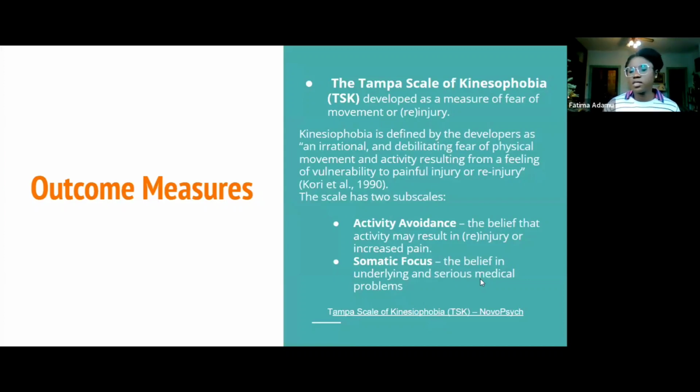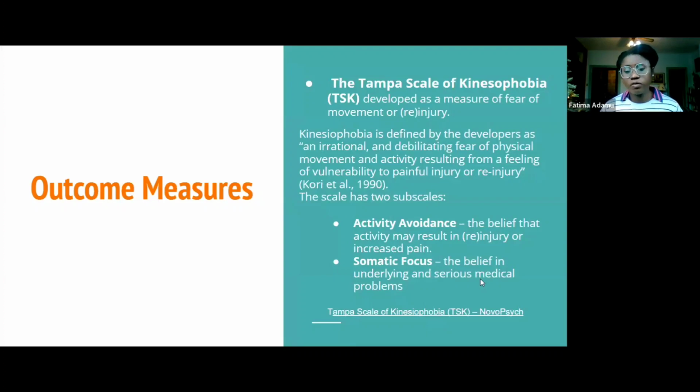And I was thinking in times of crisis, fear is a huge factor in our ability to function. So I think that this is a great outcome measure because it tries to measure the debilitating fear of physical movement and activity, because you're in a state of feeling vulnerable.